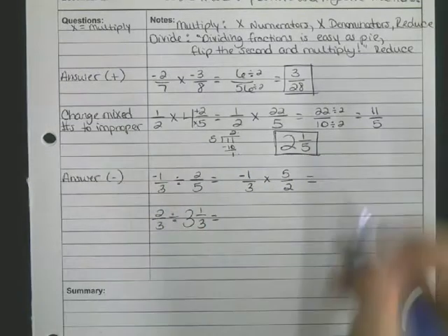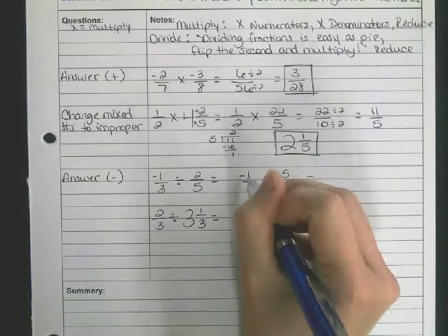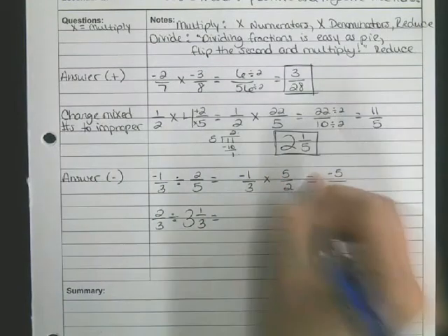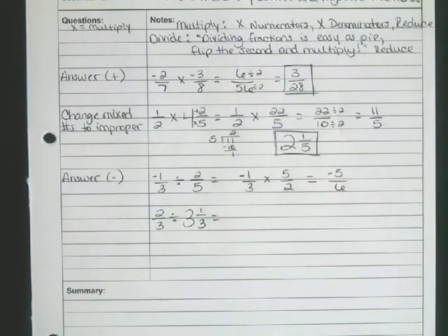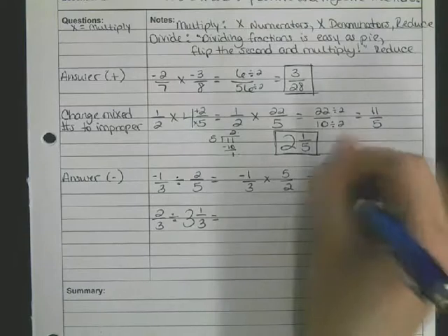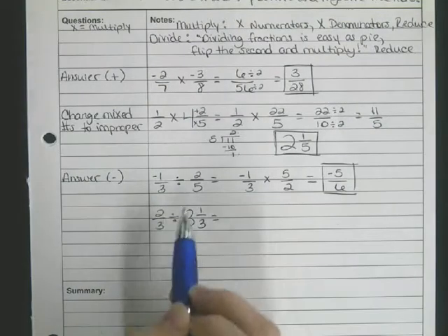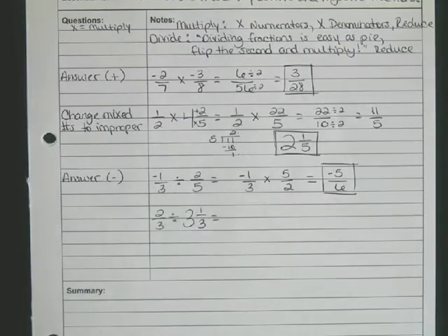So I'm just going to worry right now about negative 1 times 5, and that's going to be a negative 5. 3 times 2 is 6. So I have negative 5 over 6. That cannot be further reduced. So that is my answer. So negative 1 over 3 divided by 2 over 5 is negative 5 over 6.